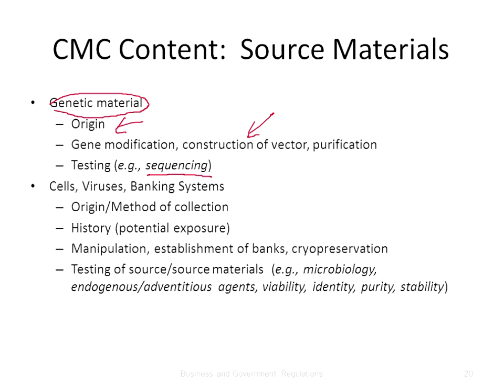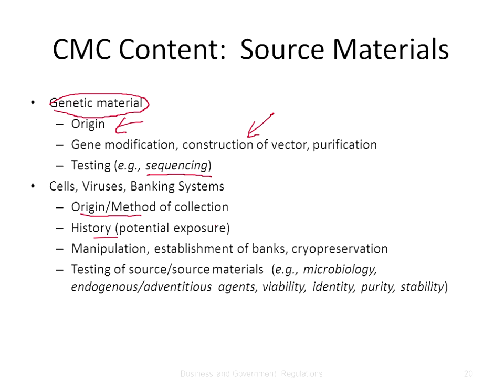What sequence? You have to give the sequence of the gene itself. So you have to give the results of your gene sequencing data. Then the cells that you're using, if you're using bacterial or animal cells especially, where did you get the cells from? What is the history? So is there any potential of exposure to viruses?